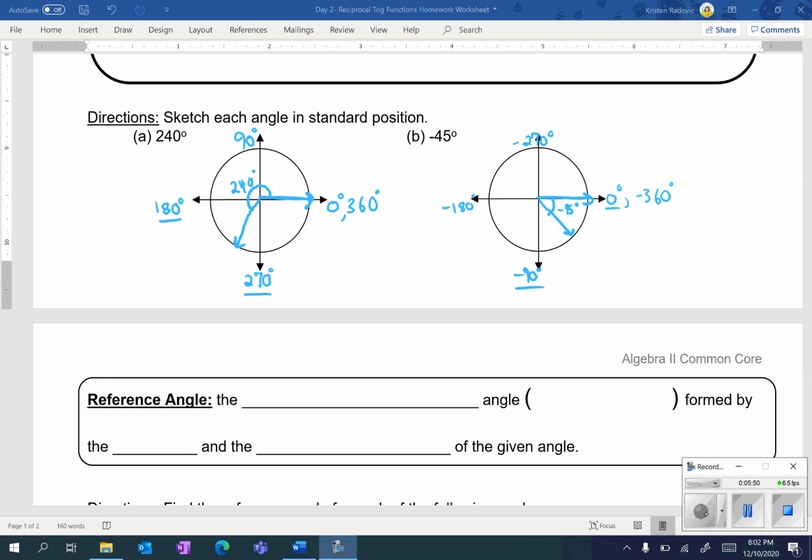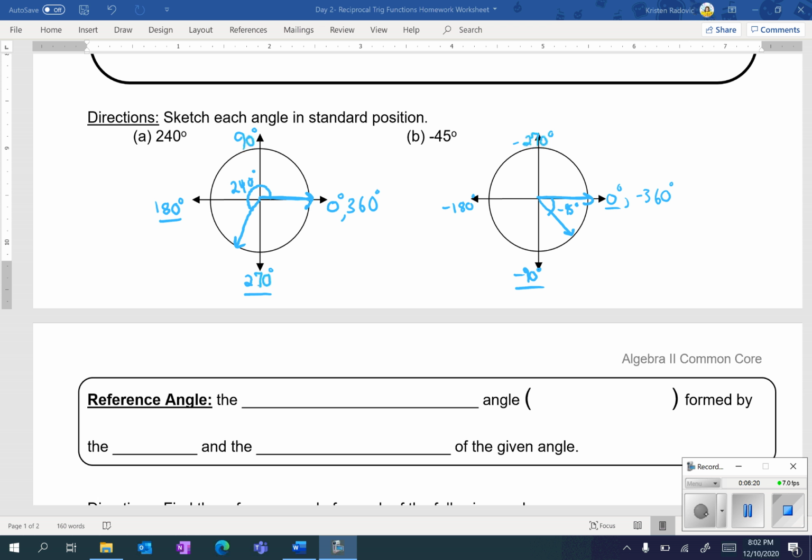Now, later on, when we start doing problems with angles and finding sine of 240 or cosine of negative 45 degrees without a calculator, we can't actually do it with such large numbers. While you can't find sine of 240 degrees, we could find sine of a smaller angle.